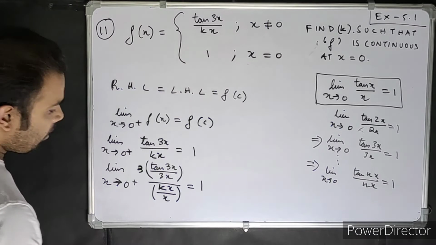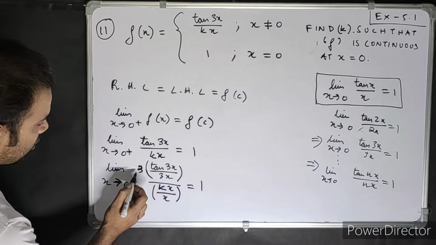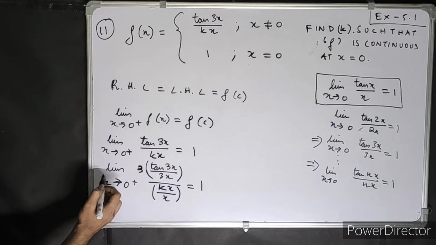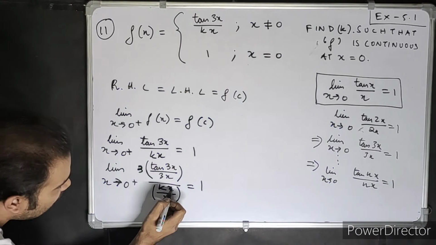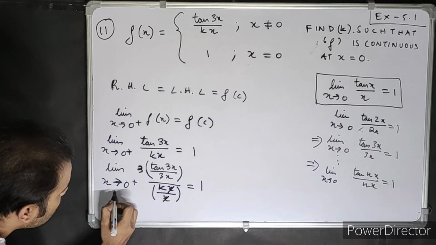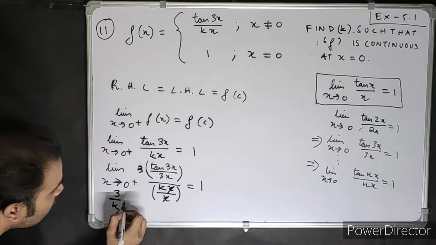Understood? So from here, what do we have? This 3 is going to come outside. Why? Because 3 is a constant and the limit will get multiplied. Over here you cancel out the x and the x. The 3 comes out and the k also comes out. K is also a constant.